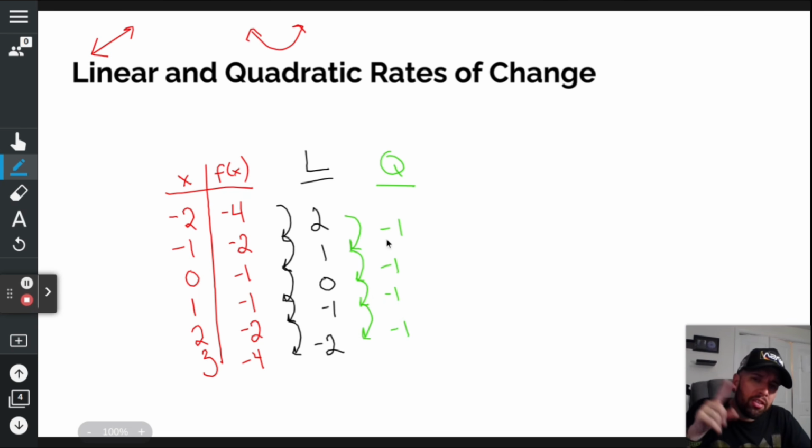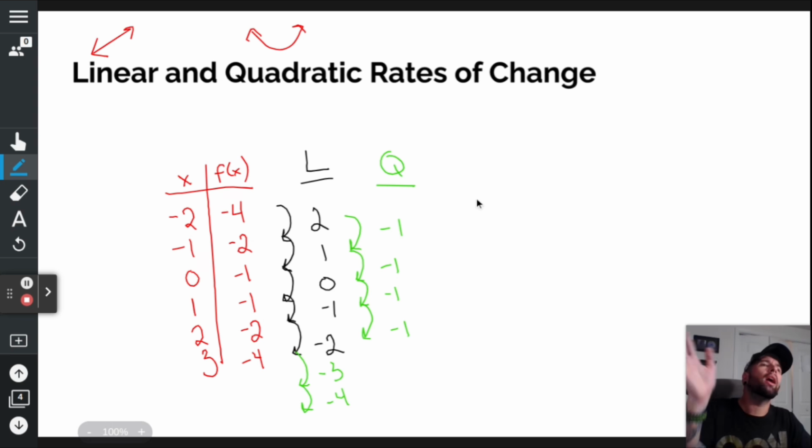So what this -1 means is, if I wanted to find a pattern here, every time I bump up to the next output value, I just subtract 1 more. I add -1 more. So the next guy, I'm going to go from -4, I'm going to subtract 3 from that, and then subtract 4 from that, and so on and so forth. But since the number for quadratic was the same throughout the whole time, we have ourselves a quadratic.